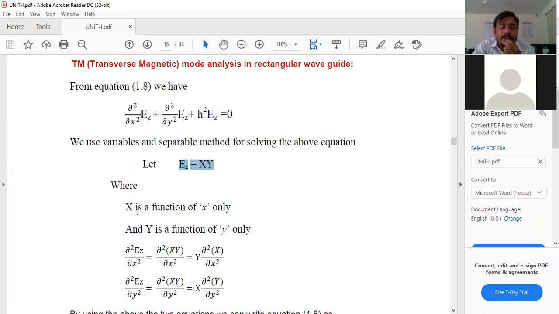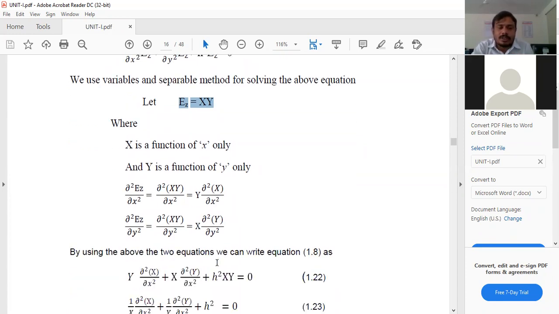Here I told you X is a function of only x, so Y is constant. So Y into ∂²X/∂x².